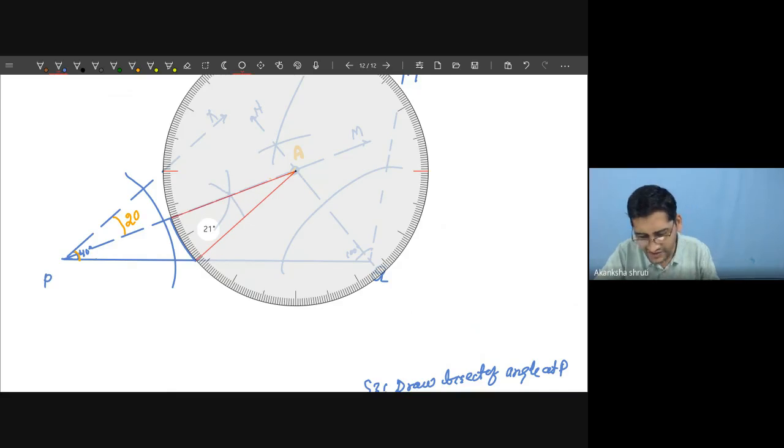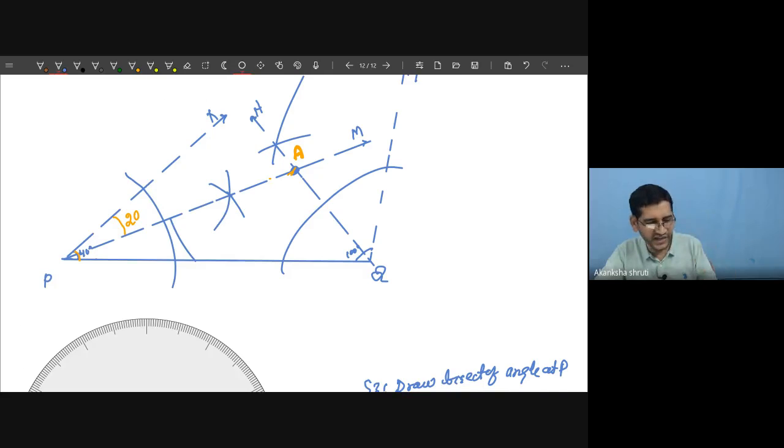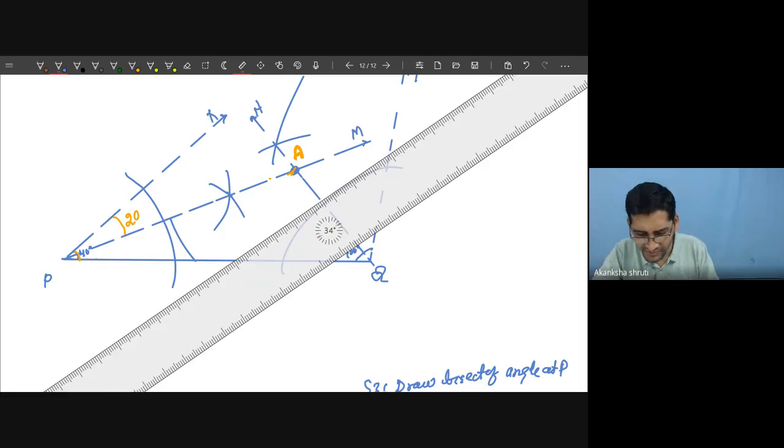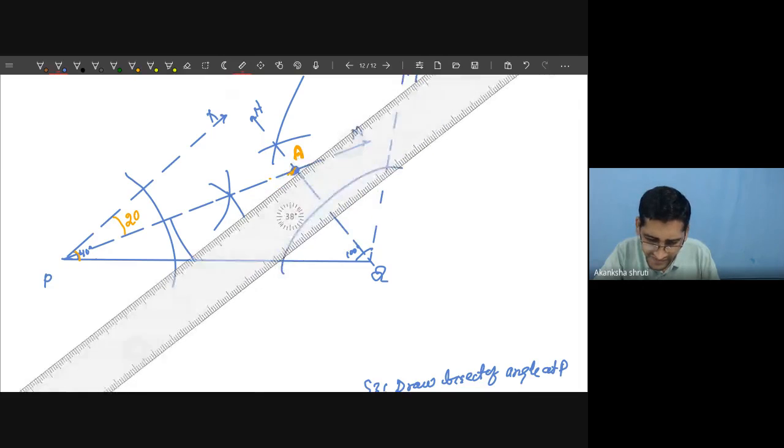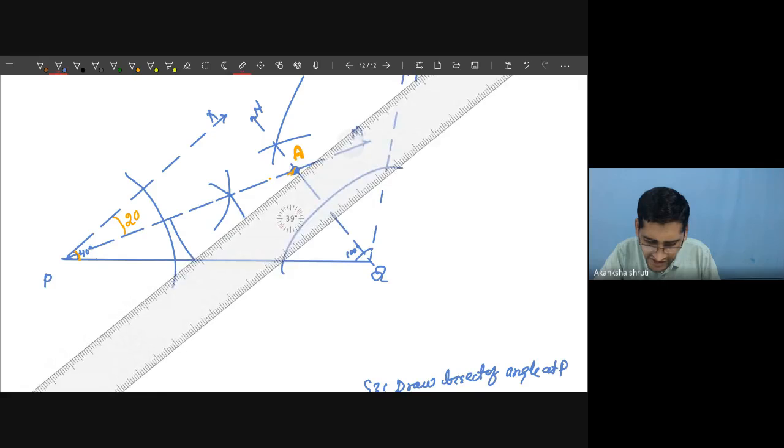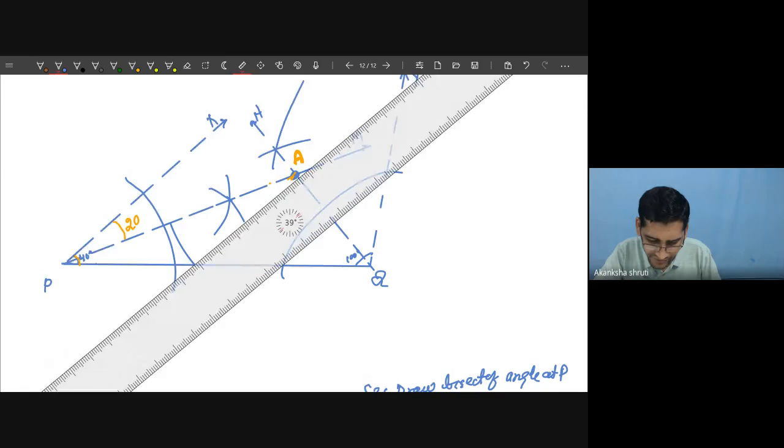You can get the 20 degree line will pass through this point. Means the 20 degree we have drawn with the help of compass. So 20 degree downward from PA, that downward 20 degree we have drawn. Now you have to draw with this solid line.